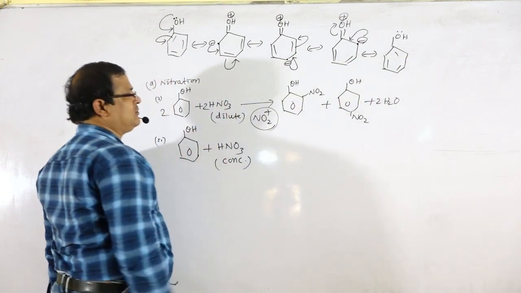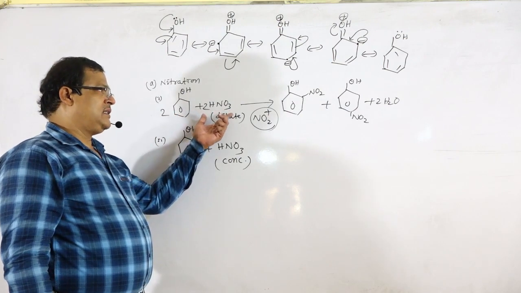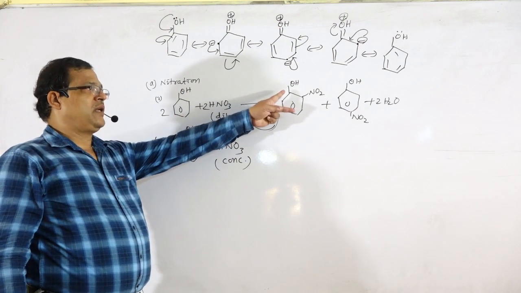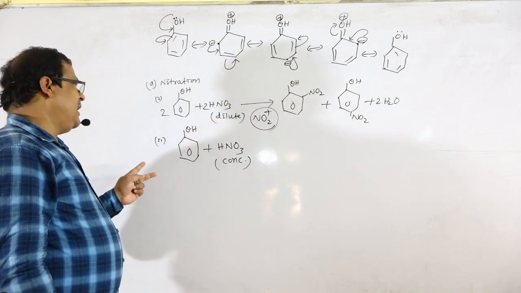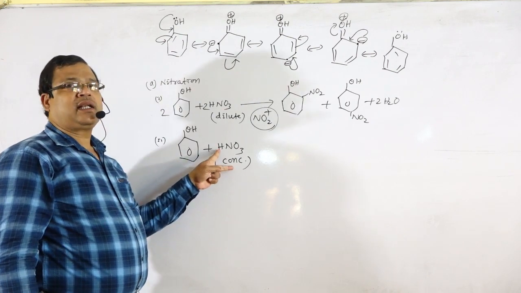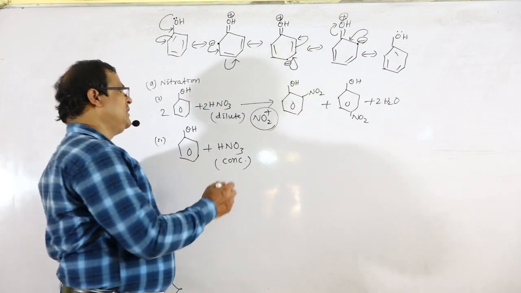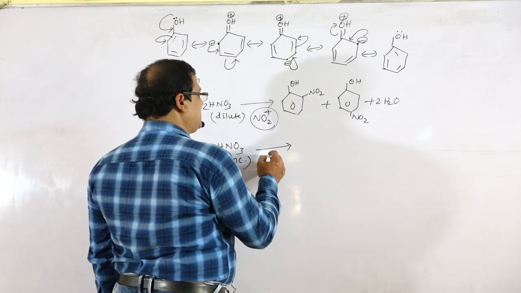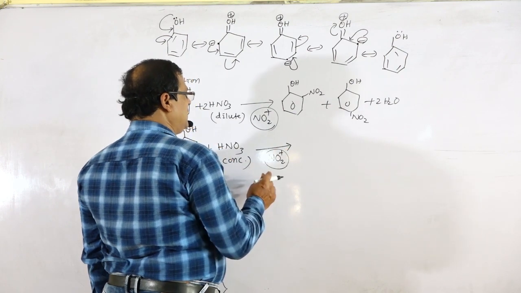So this is the balanced equation: 2 molecules of phenol, 2 nitric acid, there is the formation of orthonitrophenol, paranitrophenol and 2 water molecules. And whenever phenol is treated with concentrated nitric acid, the same electrophile, NO2 plus, is the electrophile.